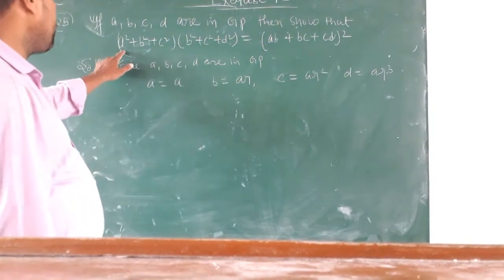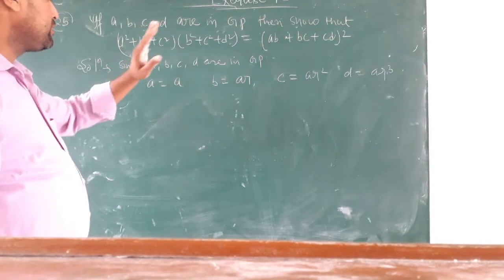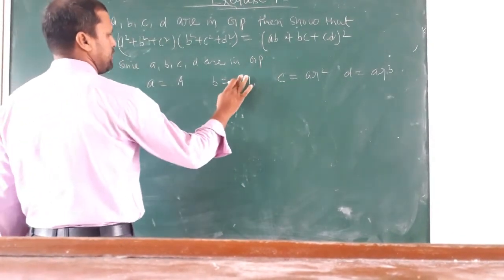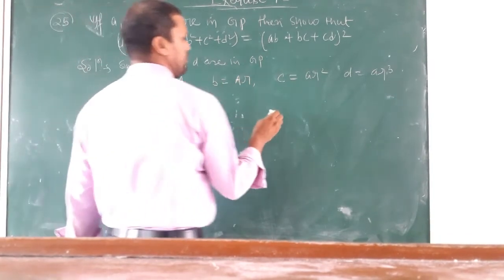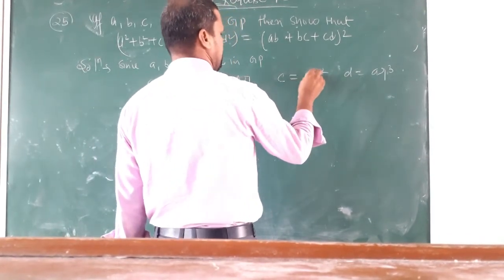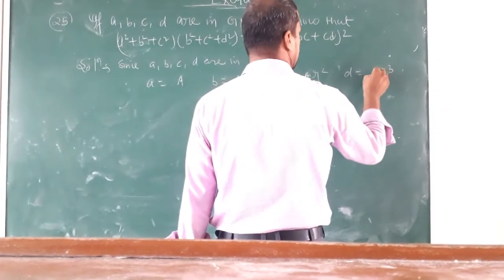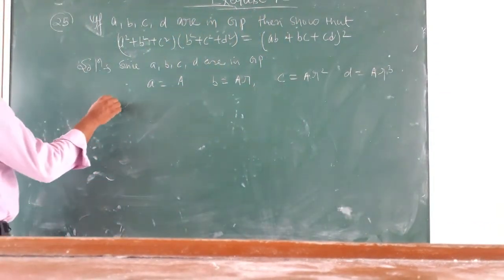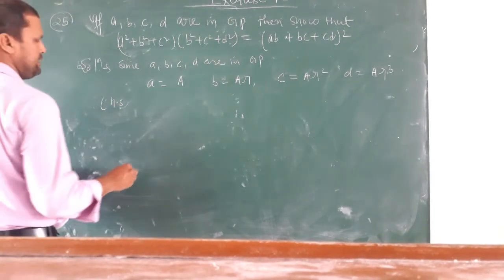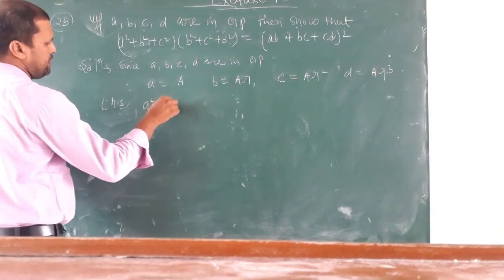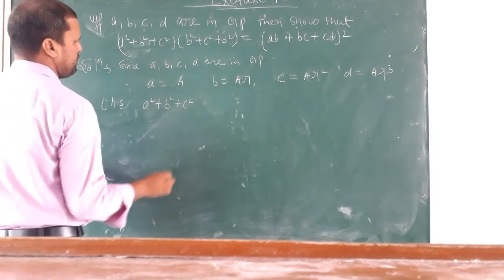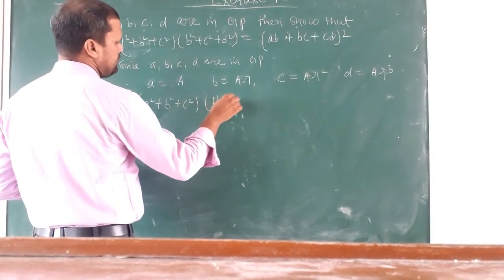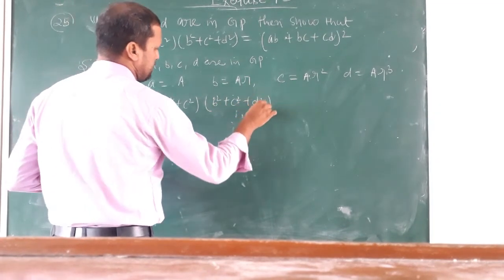Here a is already used, so for the first term we consider capital A. Now take the LHS: a square plus b square plus c square in the first bracket, and in the second bracket b square plus c square plus d square.